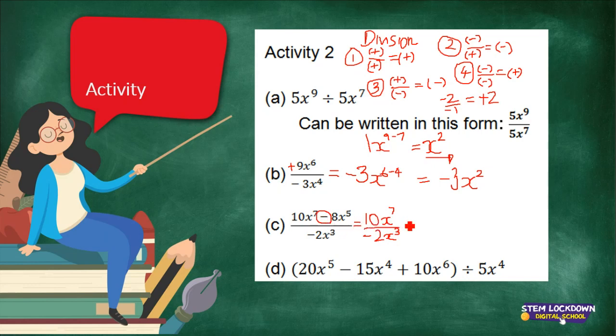So you need to carry it on. So there's a negative sign, and then I have 8x to the power 5, right? Remember, both these terms are divided by negative 2x to the power 3. So I need to divide here as well. I'll divide by negative 2x to the power 3.